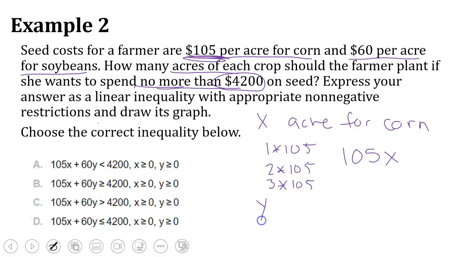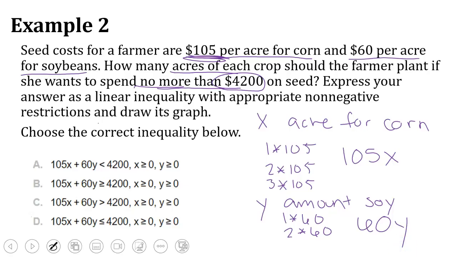Then we are going to call Y and let Y be the amount for soy. And same thing. If I have 1 acre, it's $60. 2 acres, it's 2 times 60 is 120. So 60 times whatever amount of acres. So those are my two amounts.